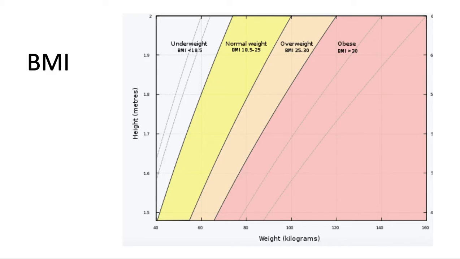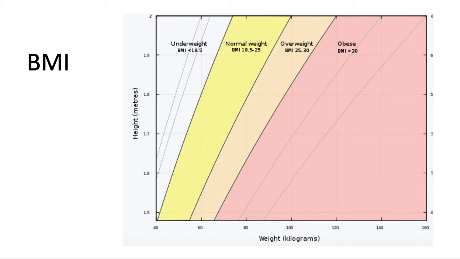Body mass index in the range of 18.5 to 25 is considered normal, whereas body mass index between 25 and 30 identifies the overweight, and body mass index greater than 30 is considered obese. It is generally agreed that BMI greater than 30 imparts a health risk.